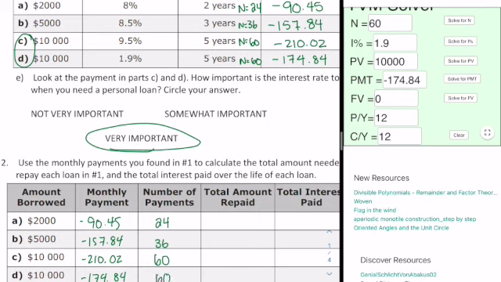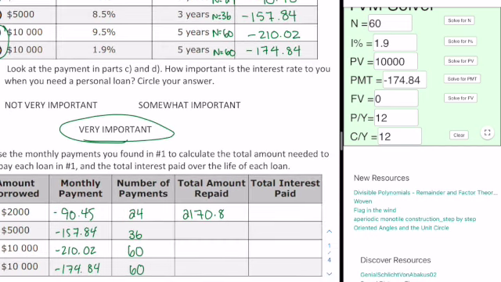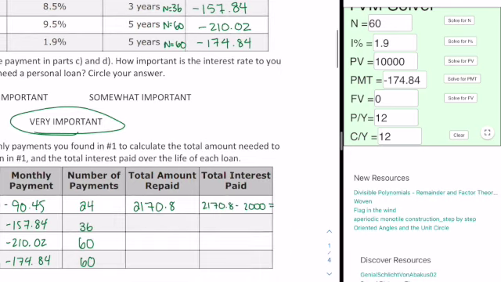The number of total payments is basically your N. Then if you do 90.45 times 24, you'll have 2,170.8. Compare it to the fact that we had borrowed 2,000 to begin with, and the interest you'll have paid is the difference. So $170.80 is the interest paid.